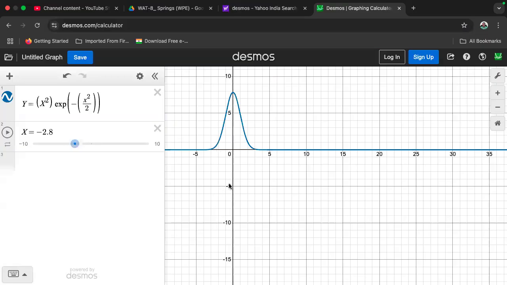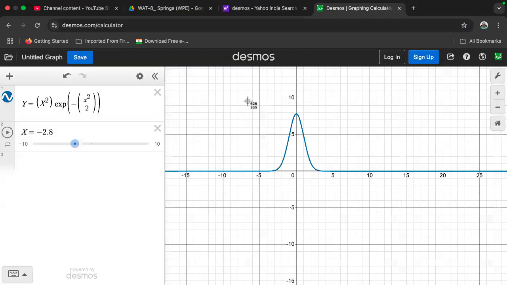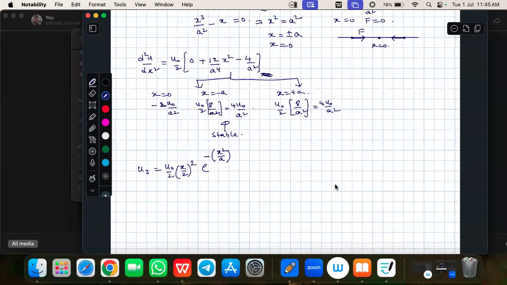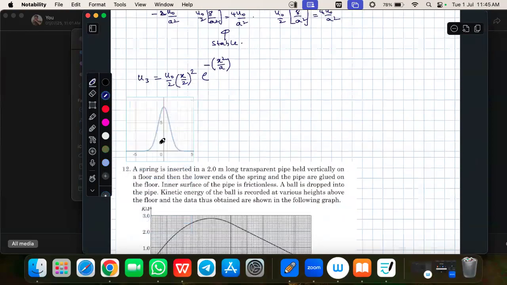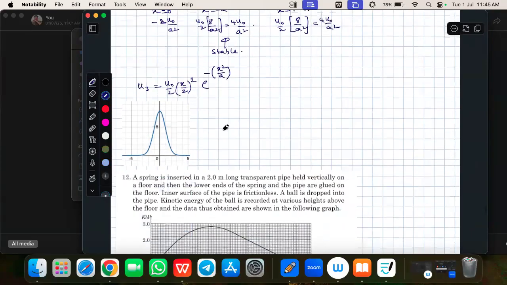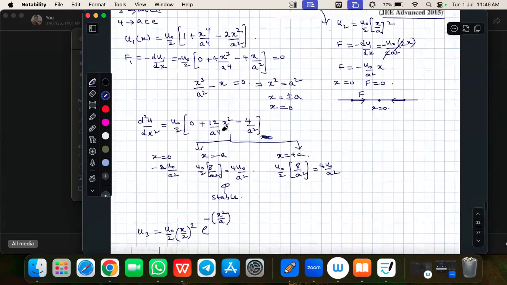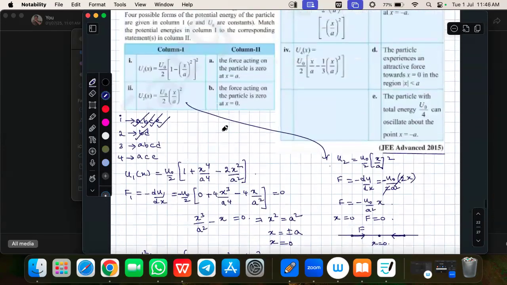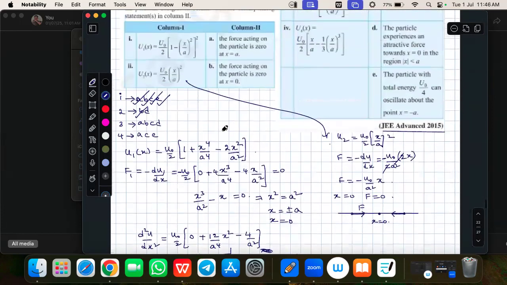Got the point? So the function will take a format like this. This is how it looks. See, a function of that form is undoubtedly not a stable equilibrium position. So obviously, for this, the force acting on the particle is 0 at x is equal to 0. Obviously, that is true. That is the problem.